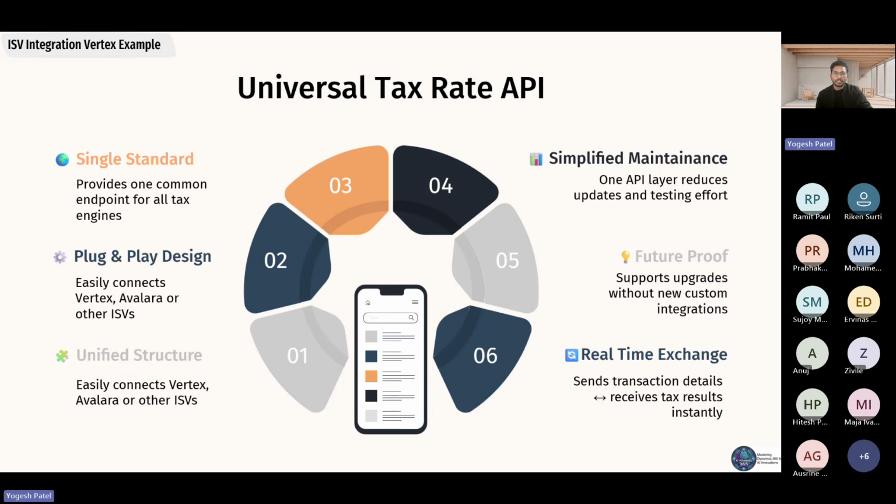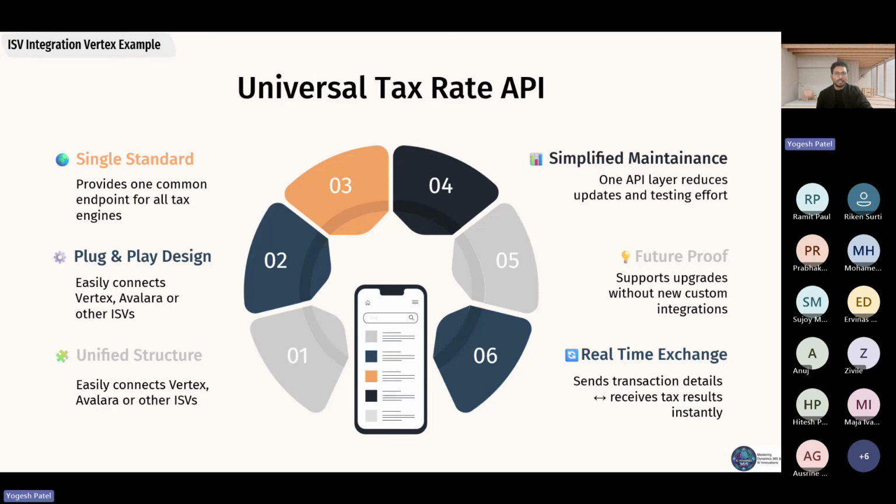The Universal Rate API is what makes this integration between Dynamics and third-party tax engines so smooth. It acts like a single unified endpoint that any certified ISVs, like Vertex and Avalara, can connect to using a plug-and-play design. That means no more separate custom integrations or hard-coded connectors for each provider.